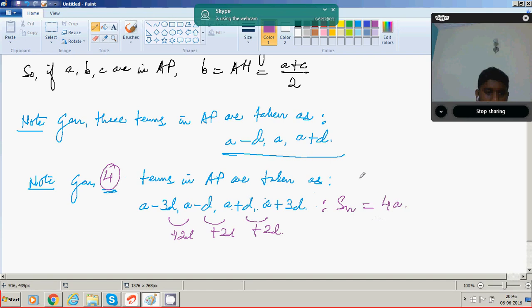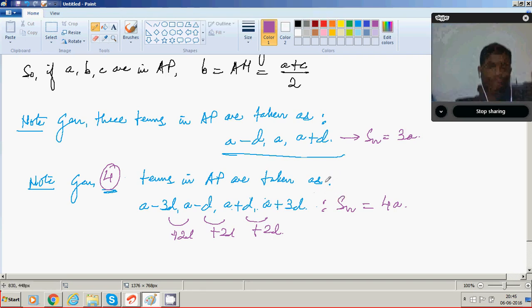Follow? Here the advantage is the sum of the 3 terms is 3a. So similarly you can construct 5 terms in AP, 6 terms in AP, and so on and so forth. Okay? Yes, sir. Good.